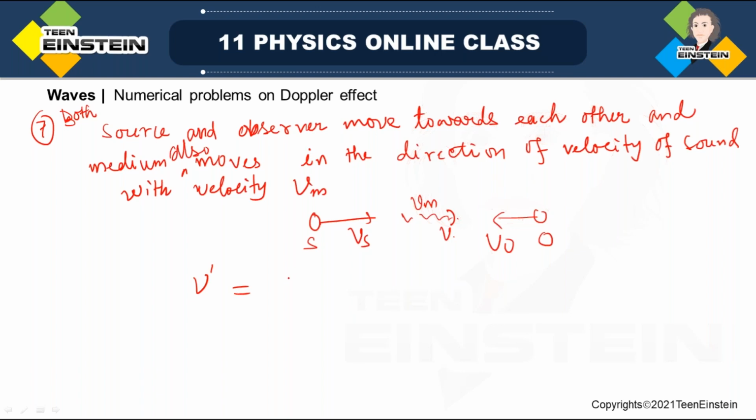This will be V plus Vm, if the sound is moving in the direction of the medium itself, minus VO divided by V plus Vm minus Vs. Okay, there should be a positive sign over here.